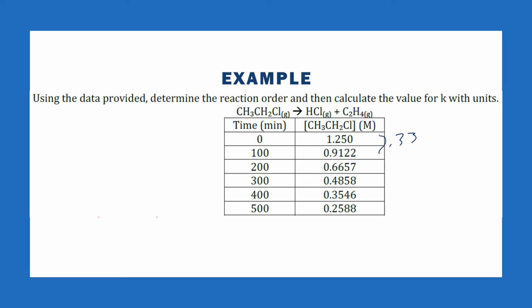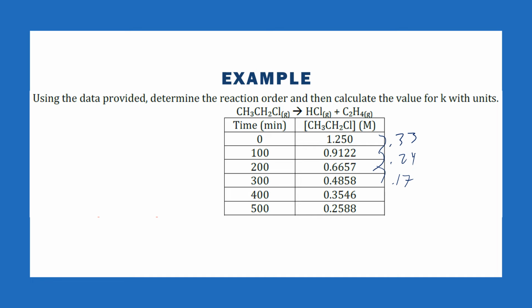And then if I do it again, 0.9122 minus 0.6657, the change there is 0.2465. I always check one more just to make sure. 0.6657 minus 0.4858, now the change is 0.17. So it is not changing by a consistent amount, so it is not zero order.